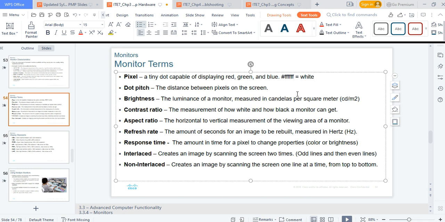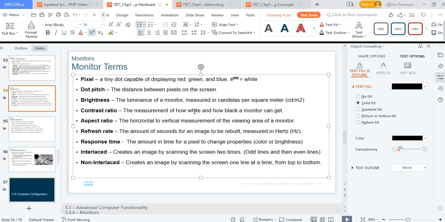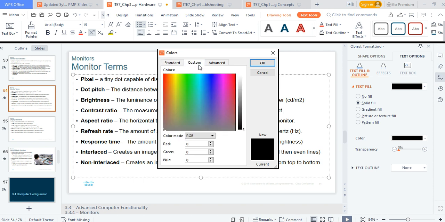I think I can see this in a moment. More colors, also custom. Yes, this is it, RGB. As I change this, I think this can go up to 255.